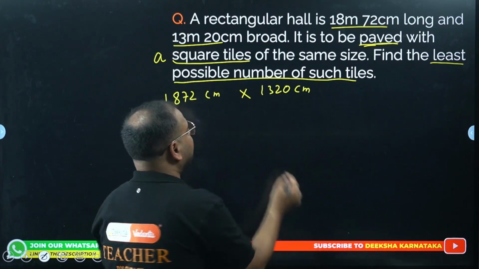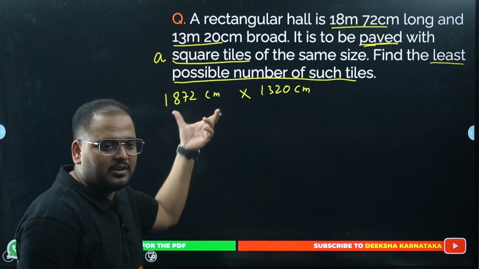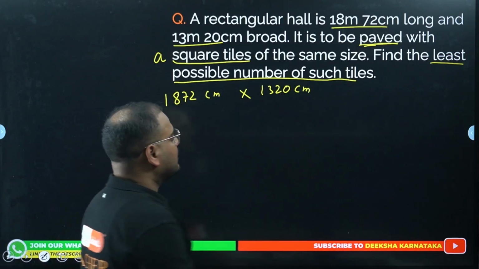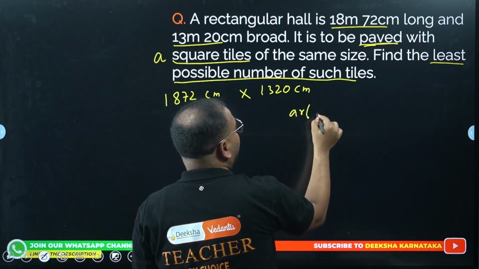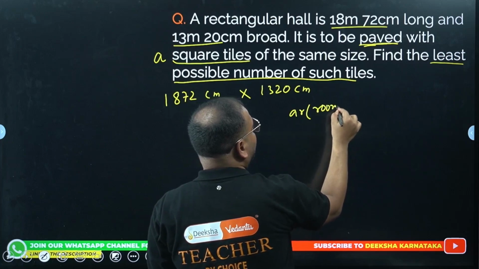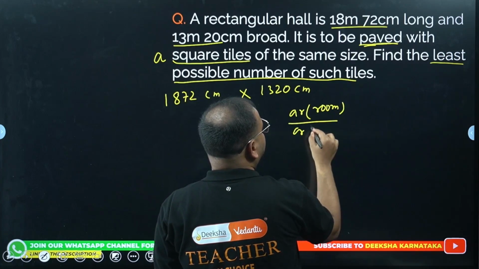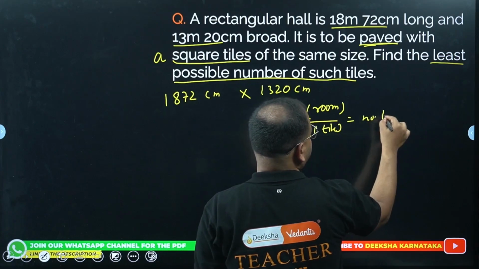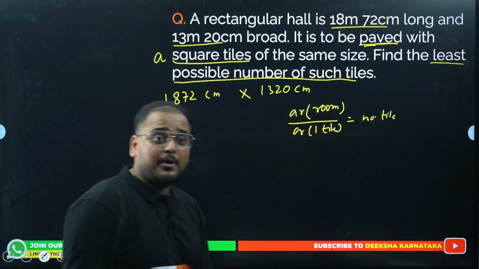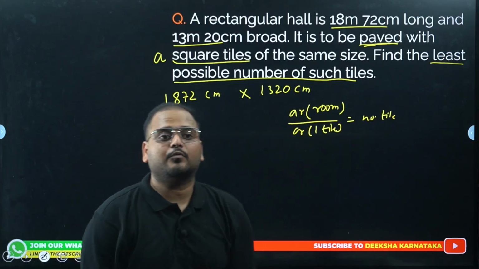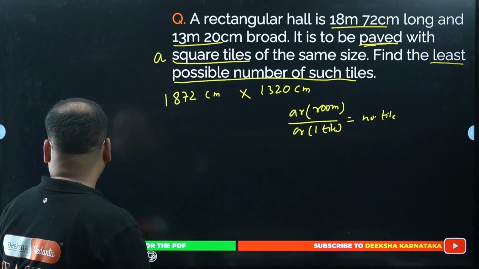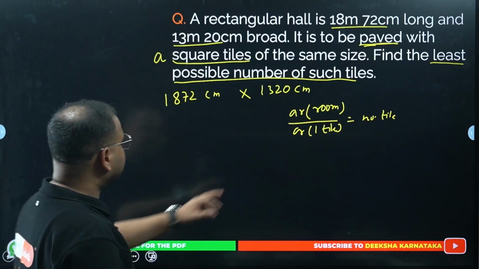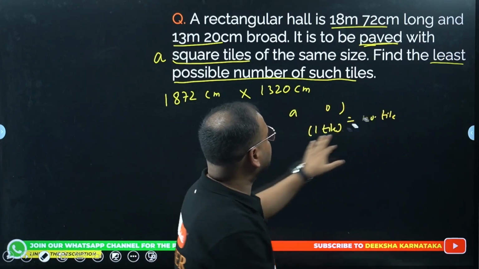If we know the area of the room and the area of one tile, then the area of the hall divided by the area of one tile gives the number of tiles. But to find the area of one tile, we need the side length of the tile. So let's erase this part and move on to the problem solving.